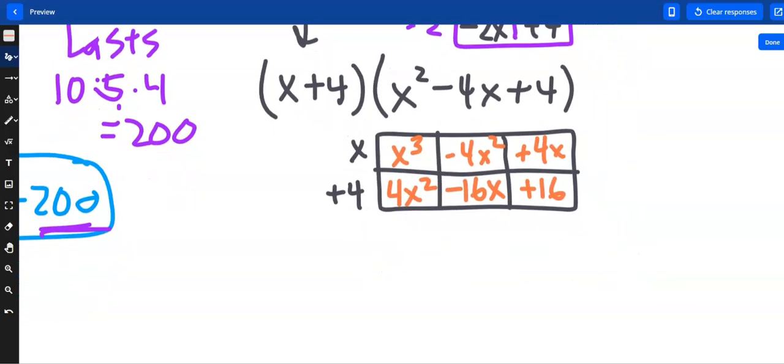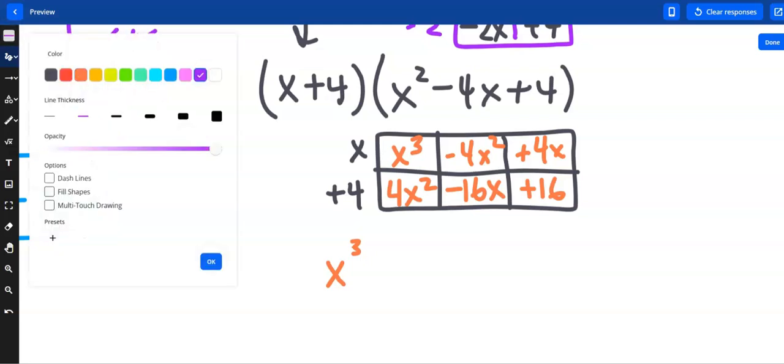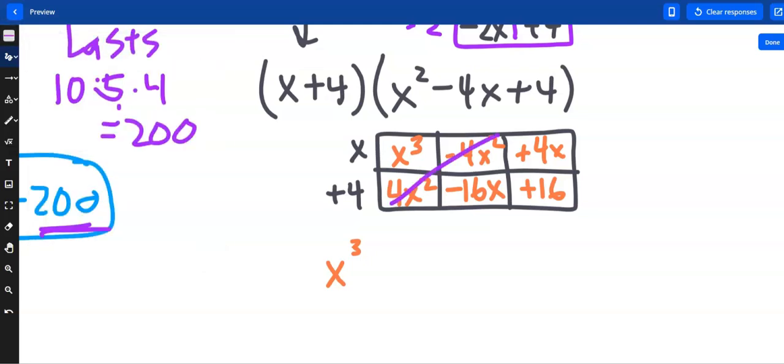And so then I can give you x cubed. Oops. I see those cancel out. And then I get a minus 12x and a plus 16.